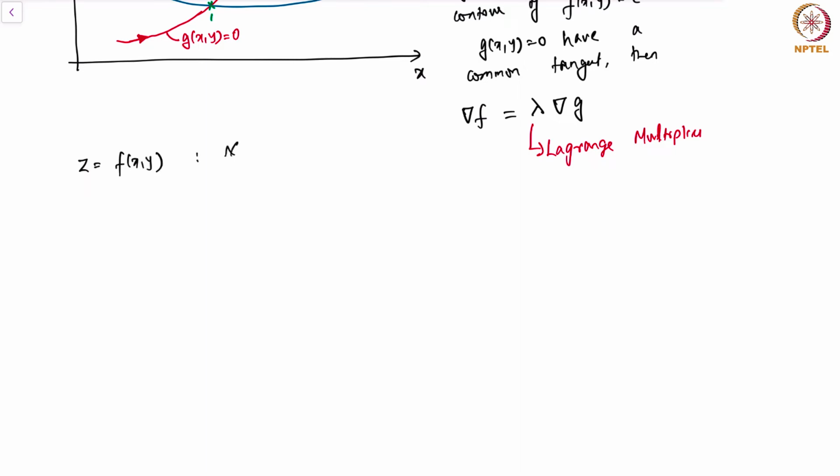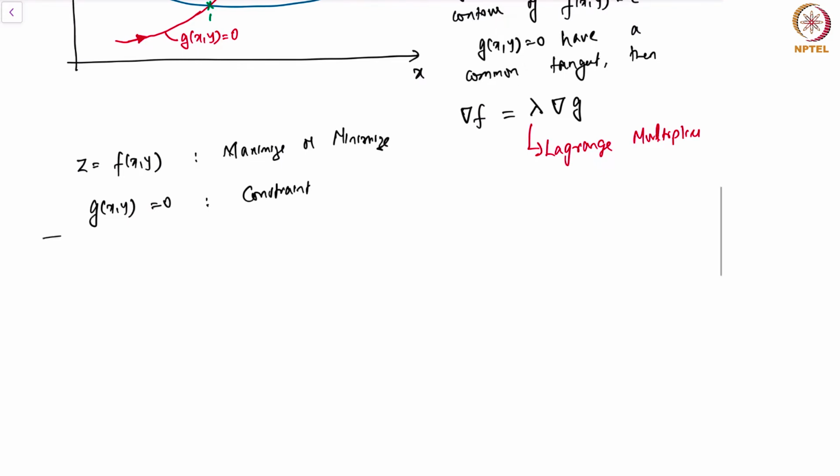We want to maximize or minimize this with the constraint g of x comma y equal to 0. Now let's start by determining the total derivatives of both these functions.